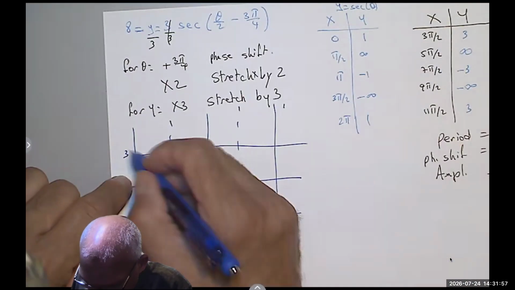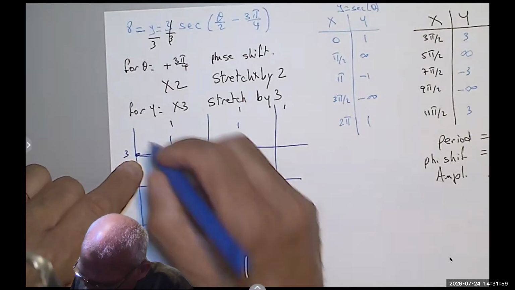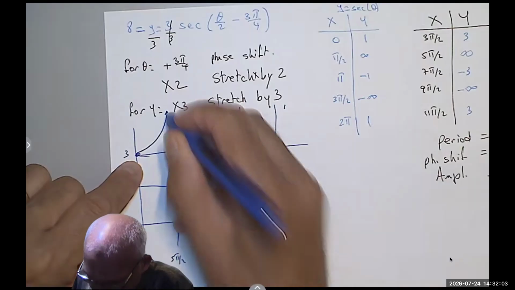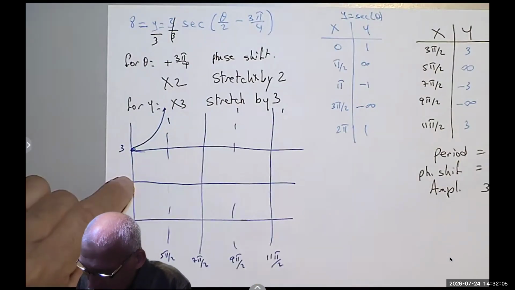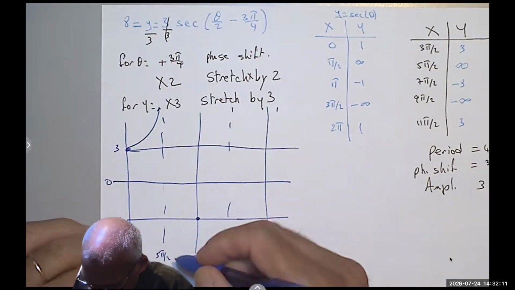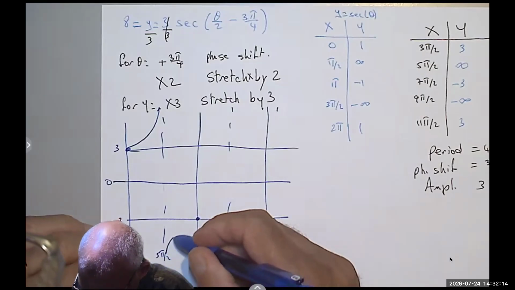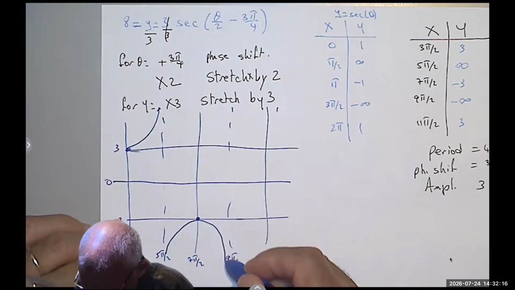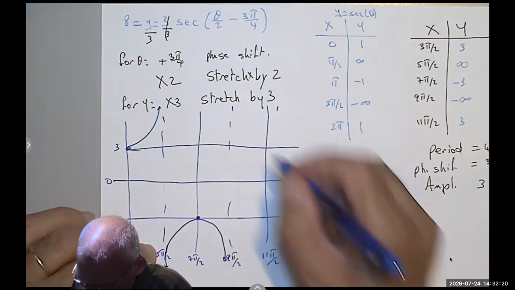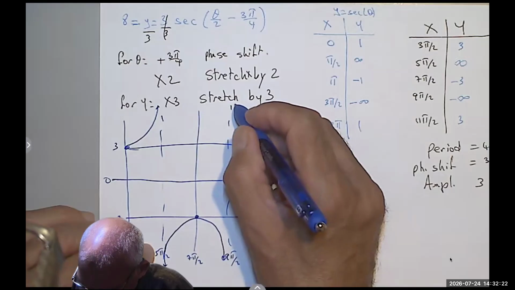At 3 pi over 2, I am here, and then I go up to positive infinity. And then at 7 pi over 2, I am at negative 3, and basically this goes something like that. And then this goes something like that.